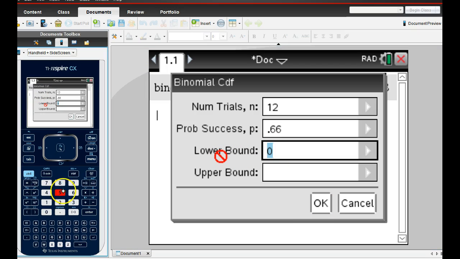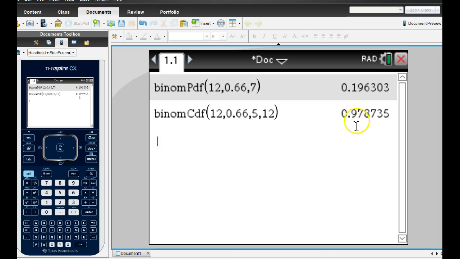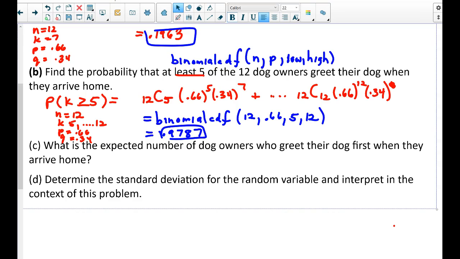In this case, it's 5. And then it's going to go to 12. And we hit OK. And you get 0.9787.